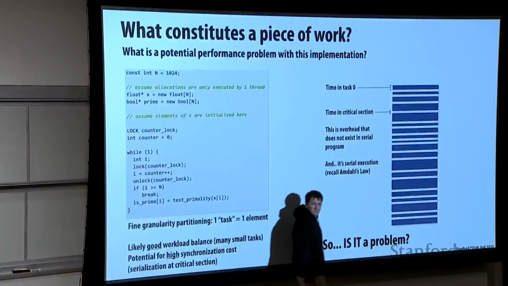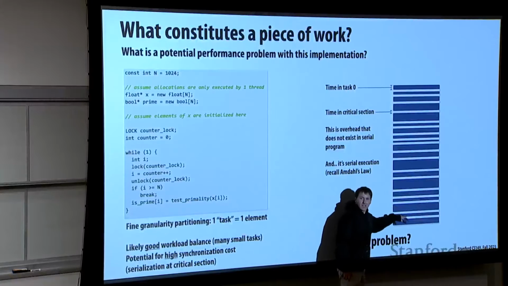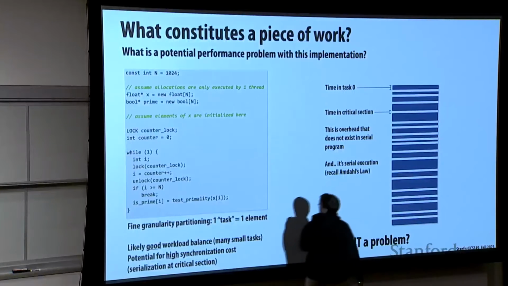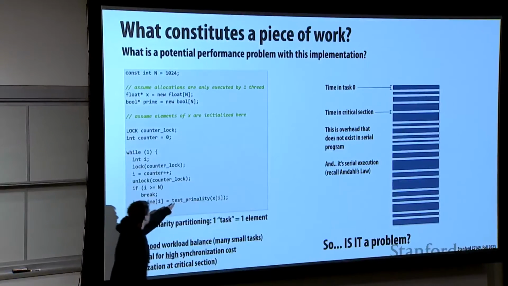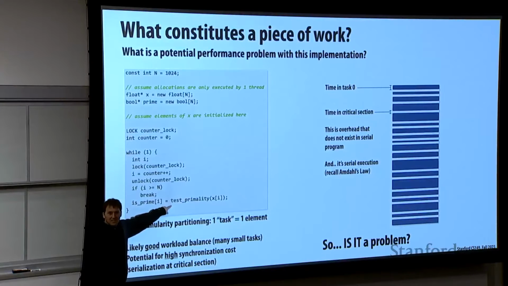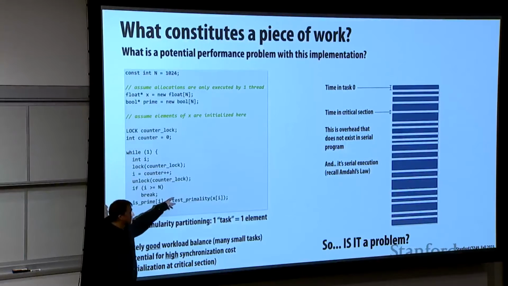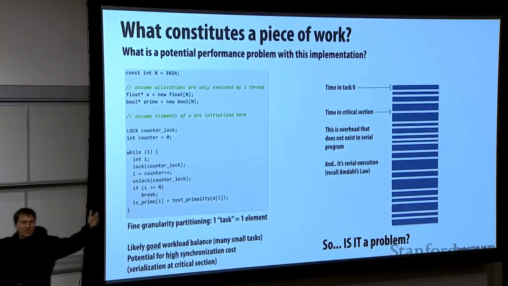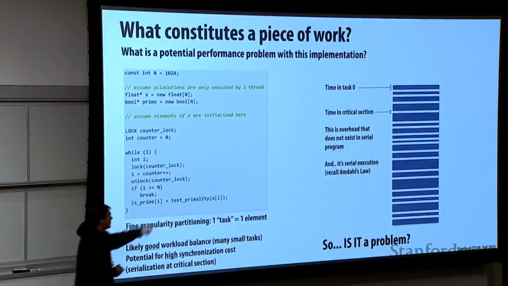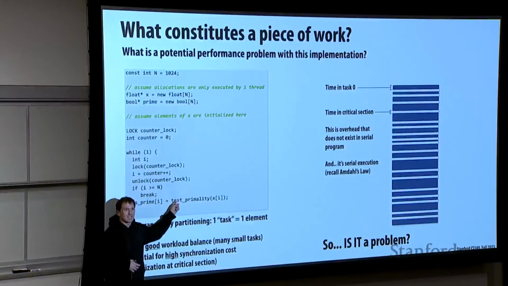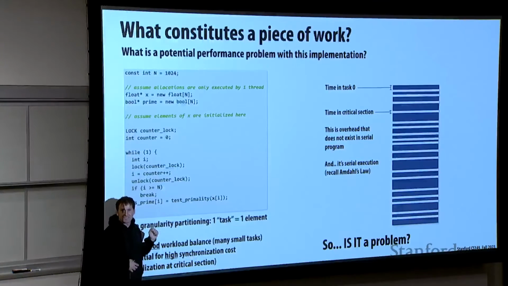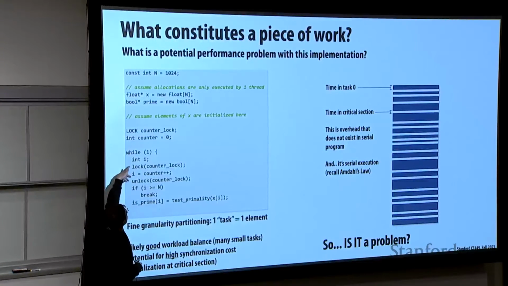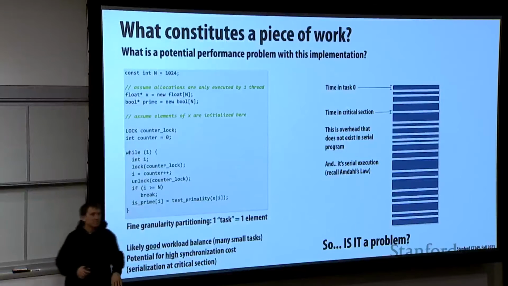The next thing I would do is put my timers right around test primality and compute this. Then the difference between the timer around the whole thing and the sum of all of the timings of test primality is the overhead. I could also put my timer around the lock and do the opposite, but you get the point.